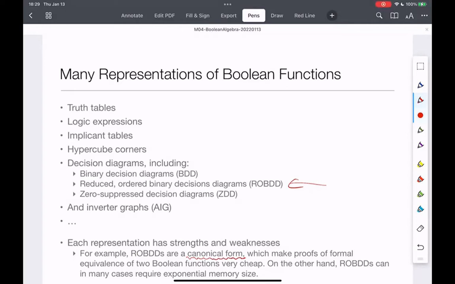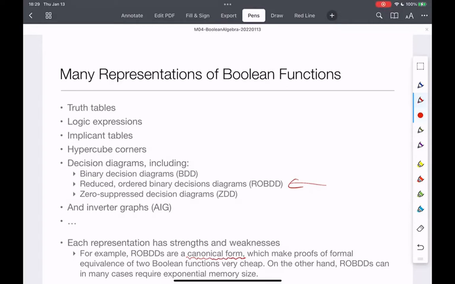So if I give you two expressions that look different but are actually the same function, in a canonical form they will look the same. And if that's the case, then testing whether two Boolean functions are equivalent is relatively easy. You just write them in a canonical form and check whether the two canonical representations are identical or not. In programming language terms, it's like you can just do a bit by bit comparison of the data structure and say, hey, these are the same.